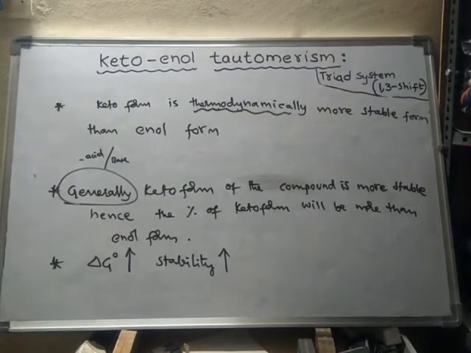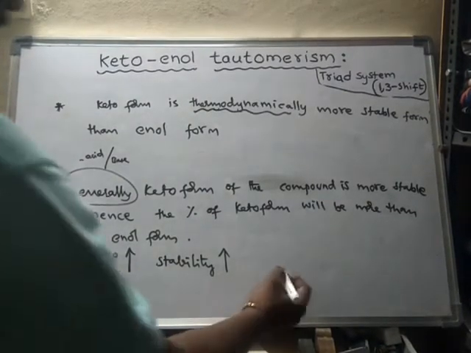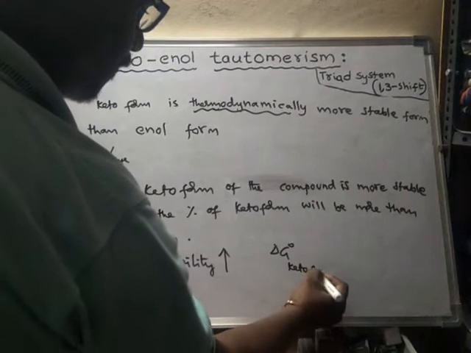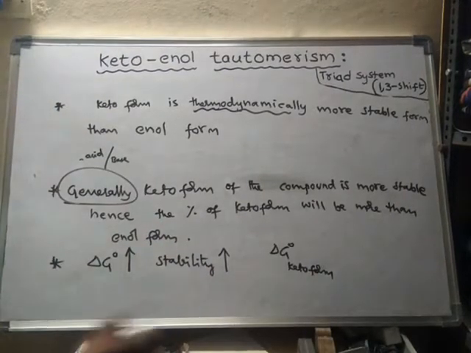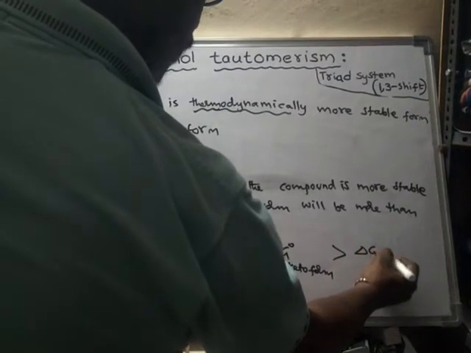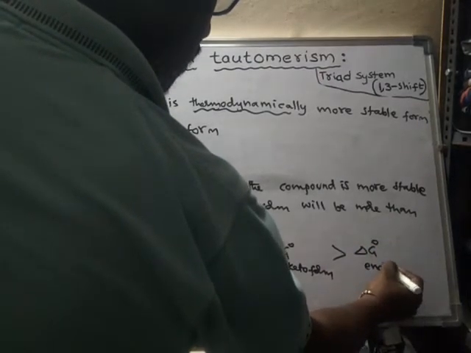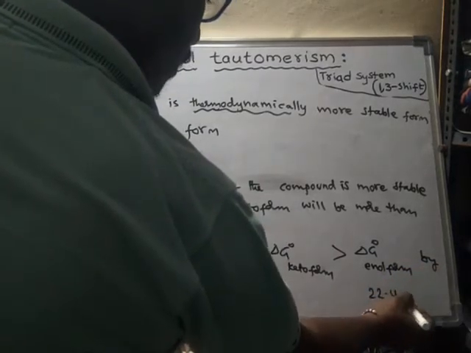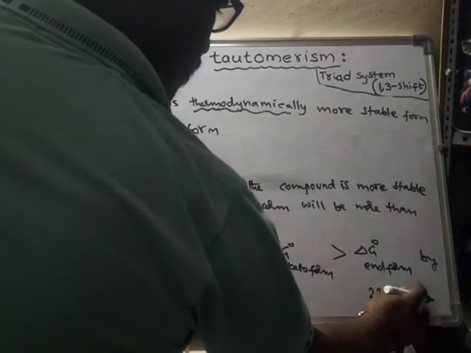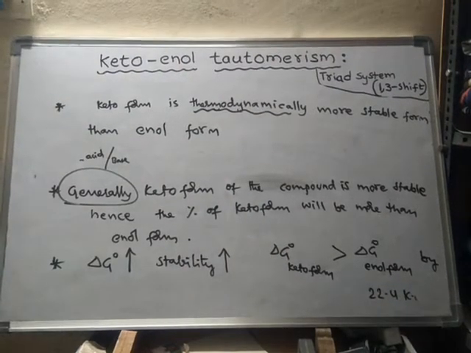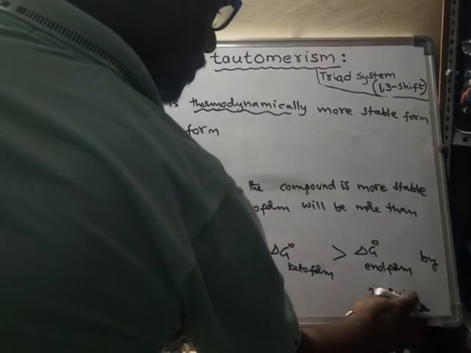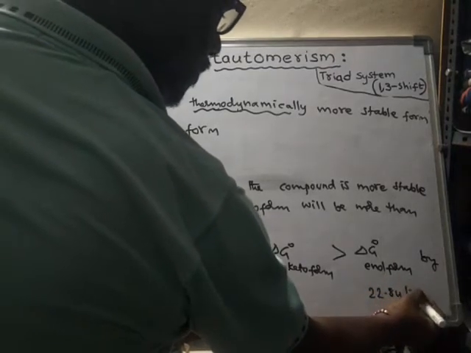Generally, the Gibbs free energy of keto form is greater than the Gibbs free energy of enol form by 22.84 kilojoules per mole.